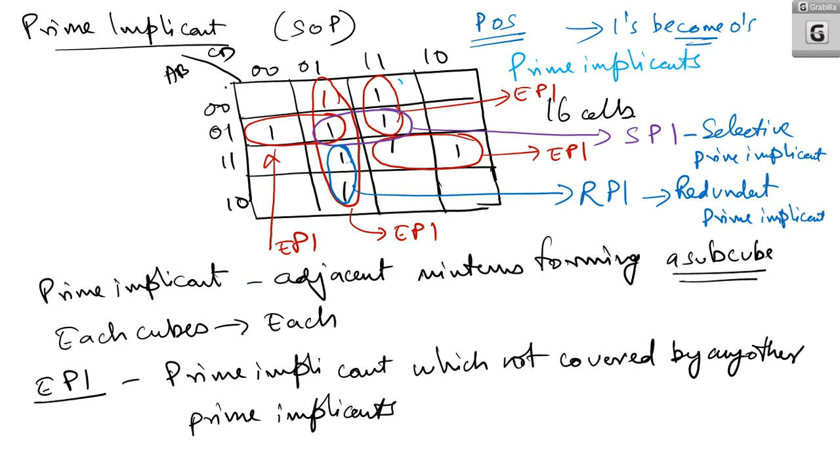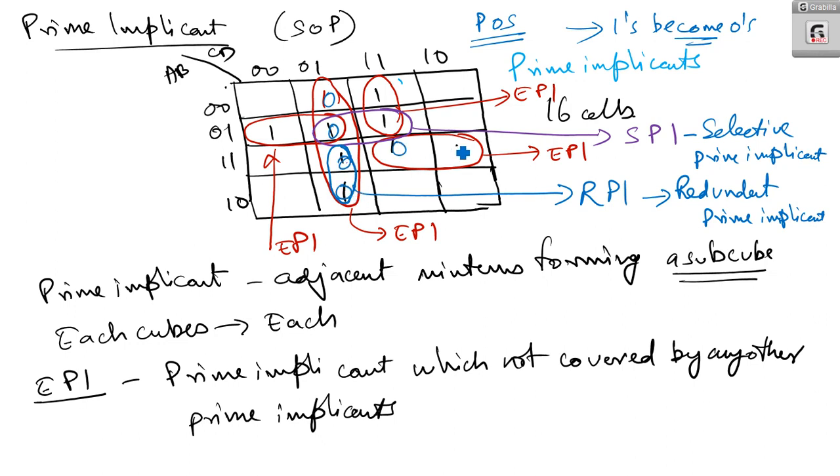So if it is here it is known as essential false prime implicant. That is the only difference. That means in SOP form, if it is known as prime implicant, in POS form, if I am taking zeros, then it is known as false prime implicant, and selective false prime implicant, redundant false prime implicant, etc. Okay. The concept is same as that in SOP form, but in POS form, instead of these ones, we will be taking zeros.